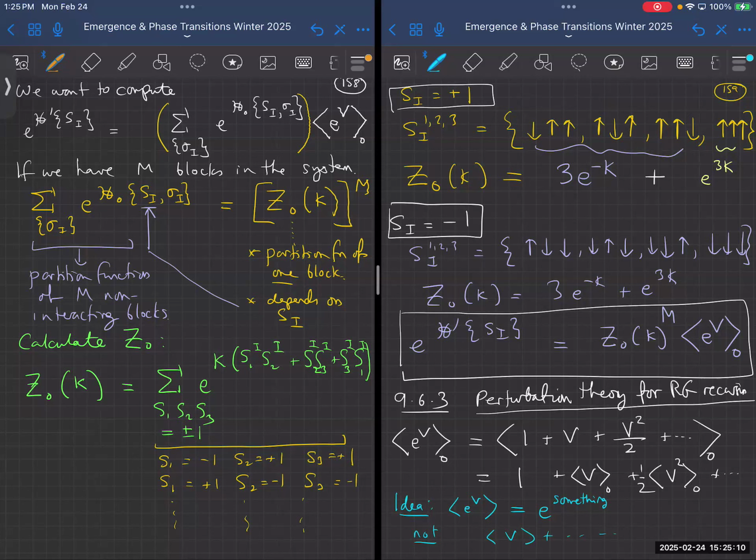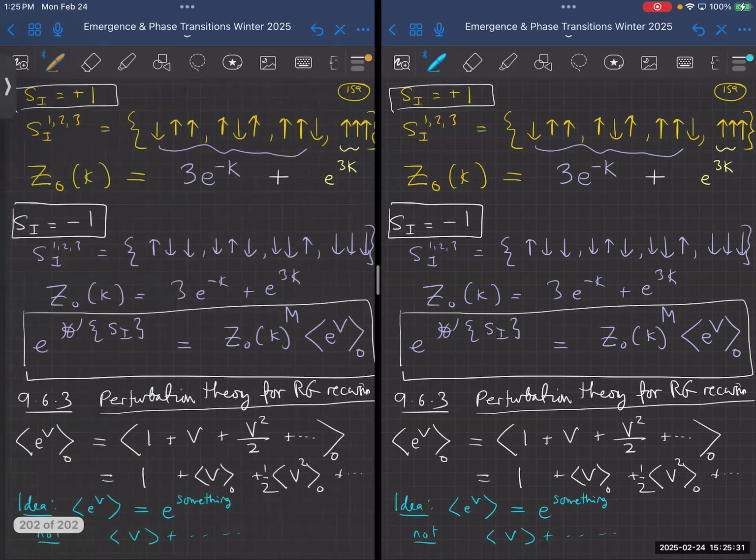Because we know that in the end, we're going to read off that it's e to the something or other. So why don't we already get it ready into that form? It turns out that if you do it this way, this is called a cumulant expansion, and this amounts to summing the series to a much higher level of accuracy than if you just did perturbation theory. And you're going to see this right now.